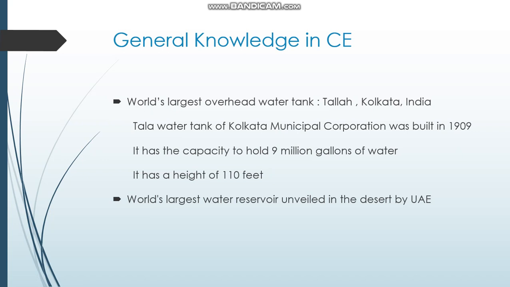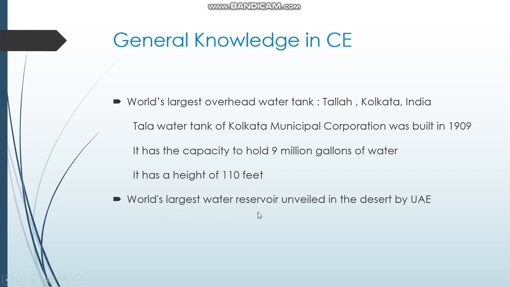And here is some general aspects in civil engineering regarding liquid retaining structures or water tanks. So world's largest overhead water tank is at Tala, Kolkata in India. So this water tank of Kolkata Municipal Corporation was built in the beginning of 20th century. It has a capacity to hold 9 million gallons of water and it has a height of 110 feet.